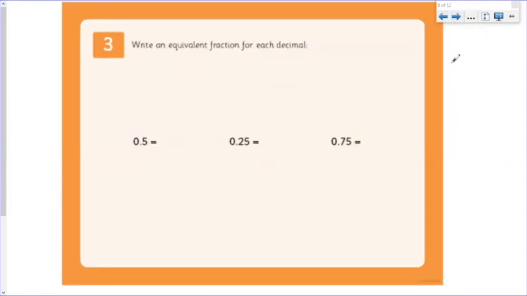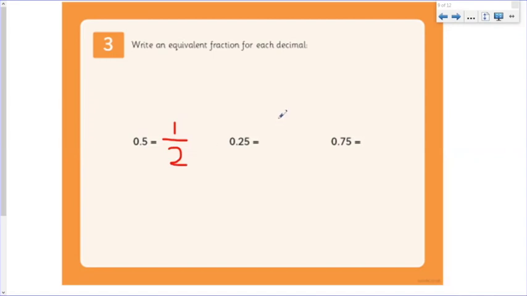Okay, pause the screen, have a go. So write an equivalent fraction for each decimal. 0.5. The equivalent fraction is, I'm sure you've all got this, half.